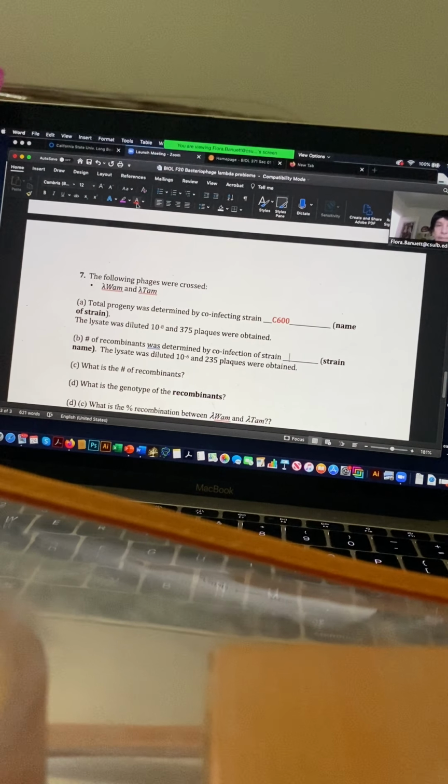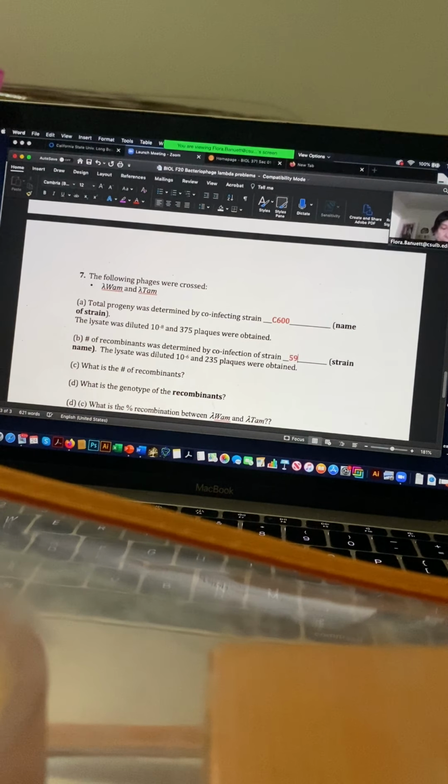Which strain? 594. Yes, 594. That is the non-permissive or restrictive strain where only one class of recombinant grows. And which type of recombinant is that? What is the recombinant that grows in this strain? Wild type. Wild type, exactly.